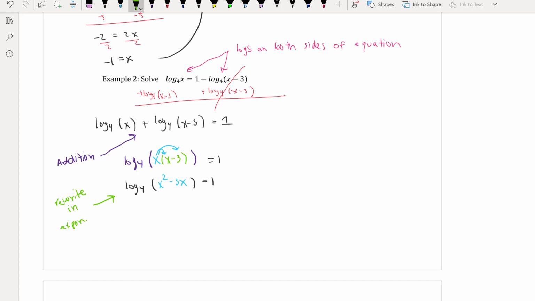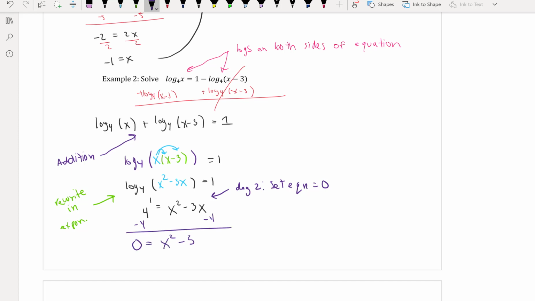To rewrite it as an exponential, I have 4 as my base. My exponent is 1. So 4 is equal to x squared minus 3x. Because I have a degree 2, that means I'm going to set my equation equal to 0. So I'm going to have minus 4 on both sides, so that 0 is equal to x squared minus 3x minus 4.